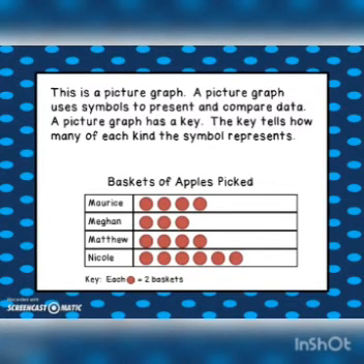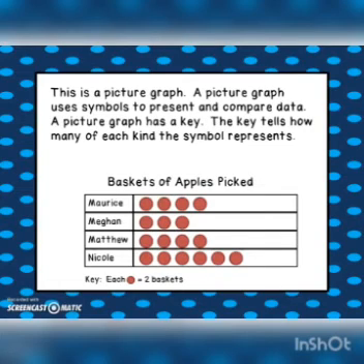For example, this is a graph showing a collection of data of baskets of apples that were picked by Maurice, Megan, Matthew, and Nicole. Maurice has 4 circles, but it's not 4 baskets, okay? Because each circle represents 2 baskets, meaning that Maurice picked what? 8 baskets of apples. Do we understand?